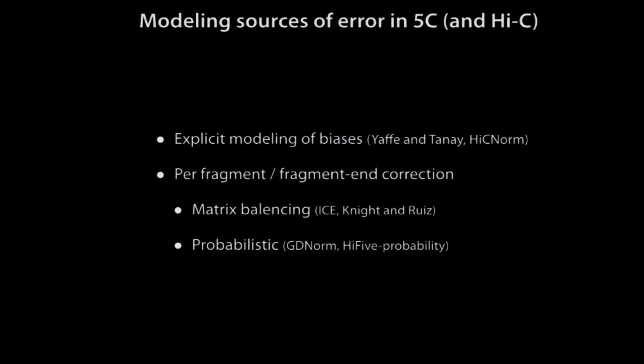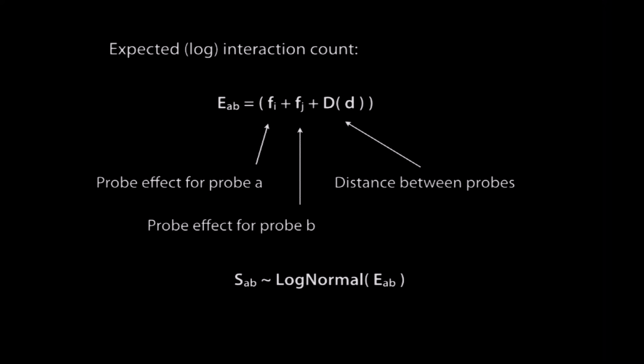We can also think about probabilistic models where we are actually trying to put this data into a reasonable distribution and then learn normalization factors using some kind of maximum likelihood approach. This is just a sketch of the kind of thing that we do in these probabilistic models.